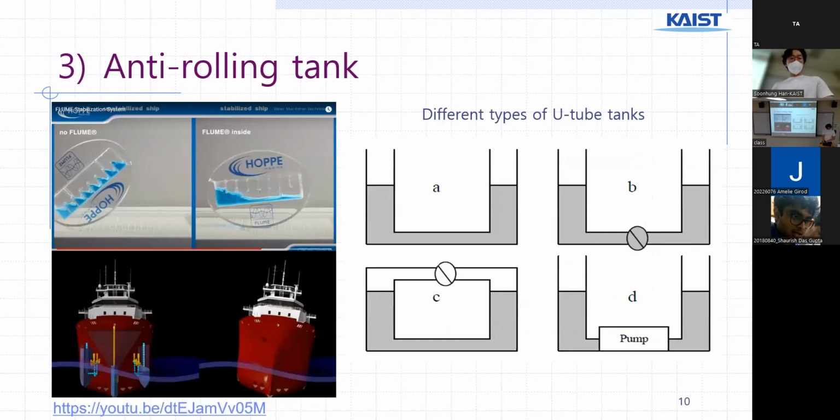The third one is the anti-rolling tank. For that, there is a video that can explain it a little better.